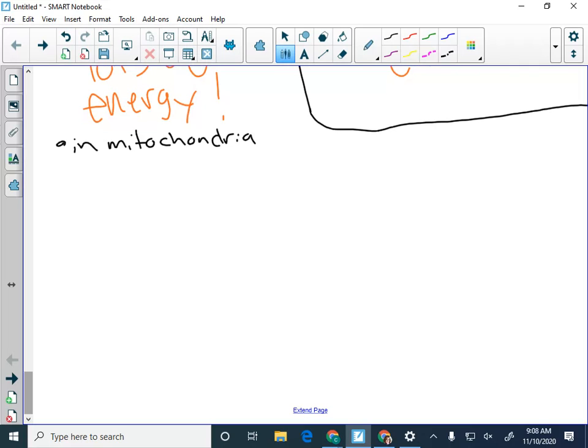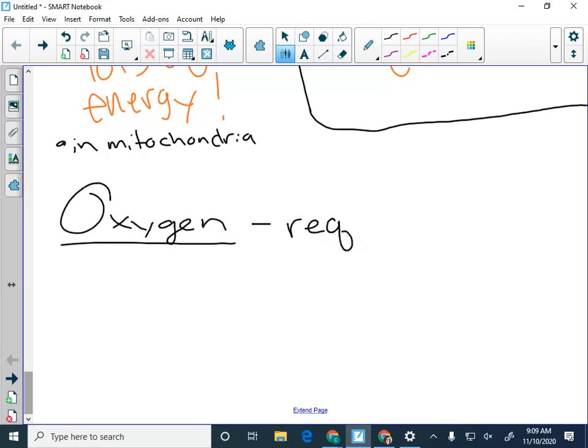So, oxygen. We need it to breathe. It's our byproduct of photosynthesis, but we need it for cellular respiration. And we need it because it's required at the end of our electron transport chain.